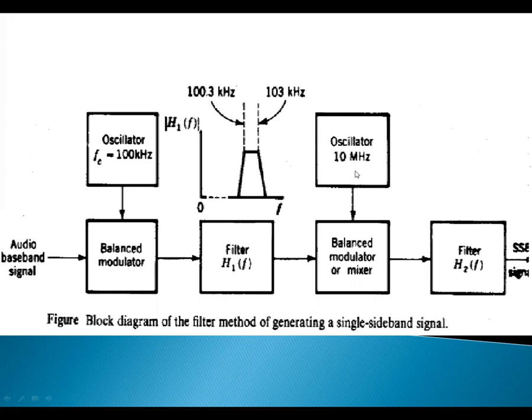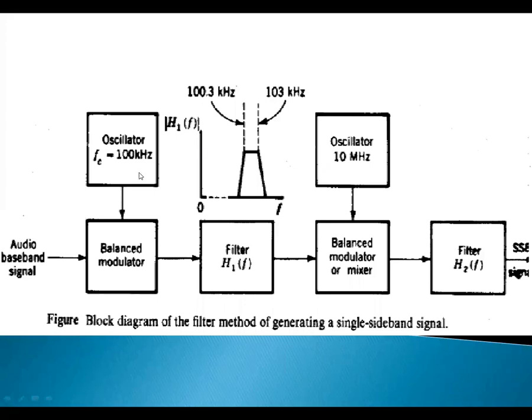Once again, the signal is attenuated more at the low frequency and less at the high frequency. As an example, in this block diagram there are two frequencies, 100 kHz and 10 megahertz.